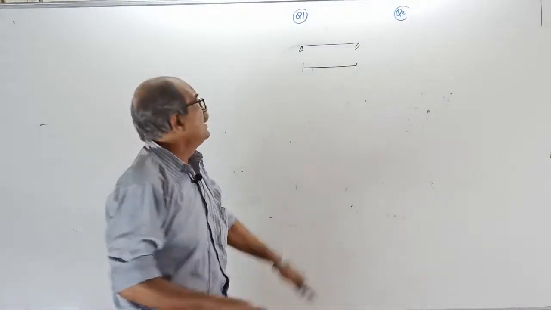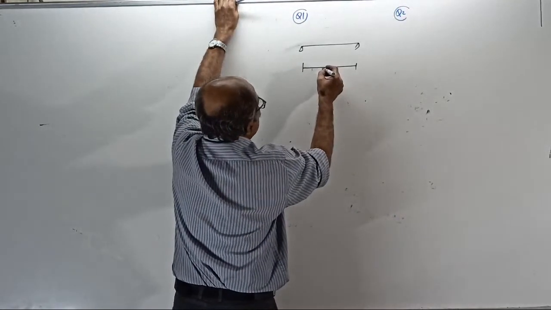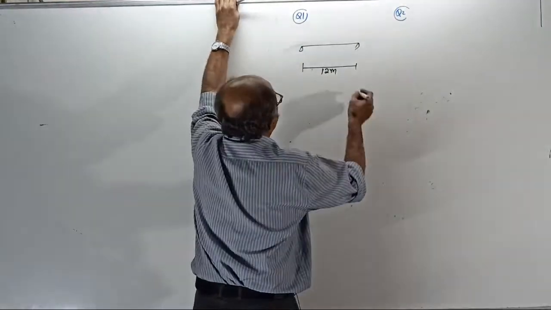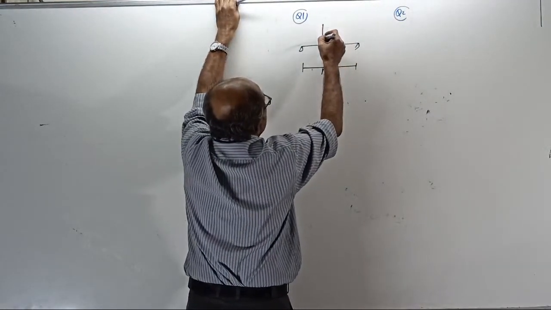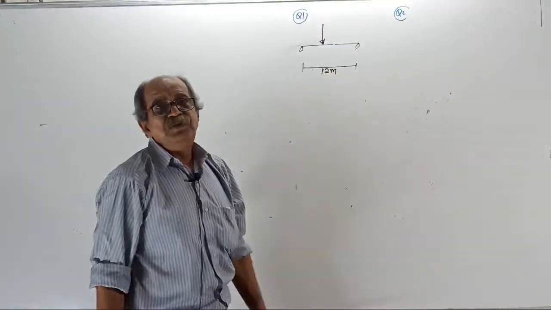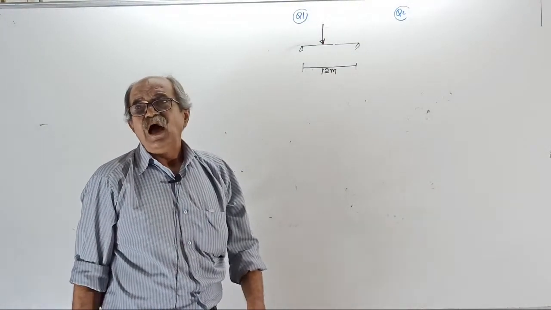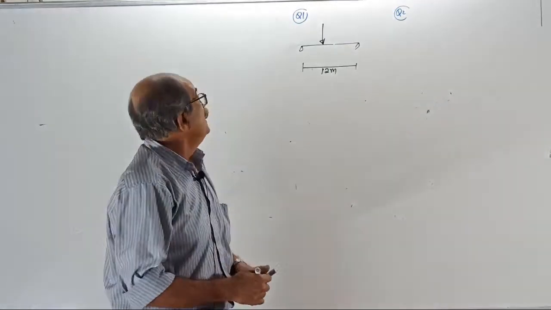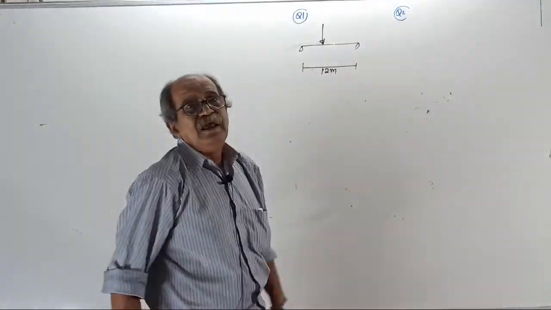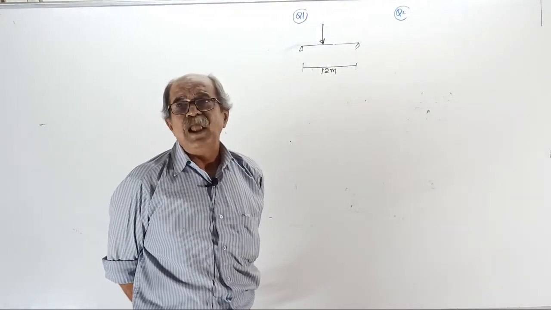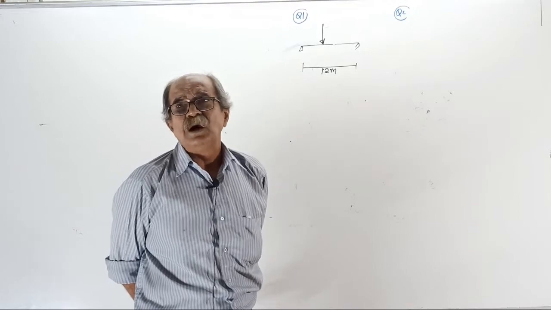I will take a span of 12 meter, loaded by a concentrated load. I am taking a load which is a multiple of 3 and also a multiple of 9. There is a reason. If I take a load multiple of 3, reaction will come round number. If I take multiple of 9, slope and deflection also come round number.